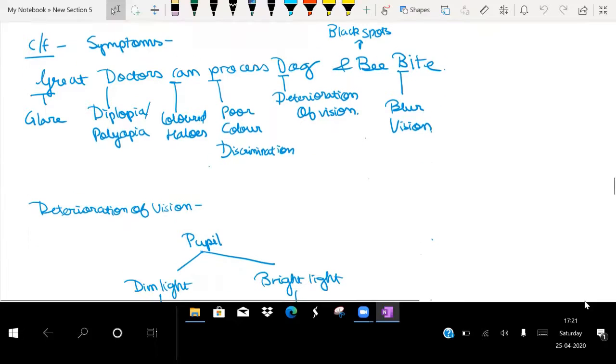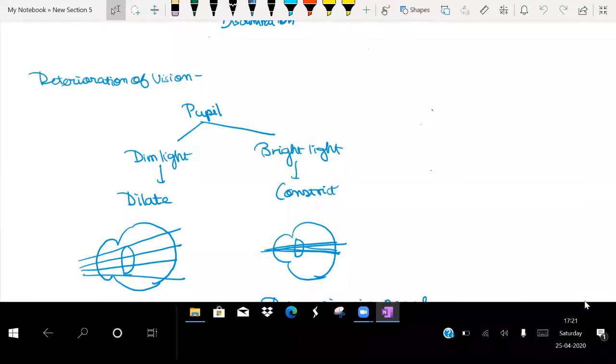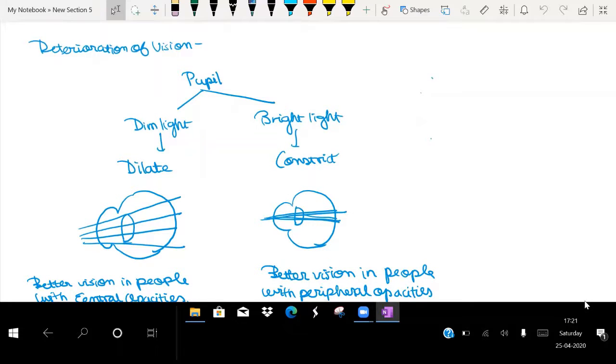Now, deterioration of vision is actually different at different stages. When you talk about the pupillary reflex, in dim light our pupils dilate, so more rays are entering through the lens.